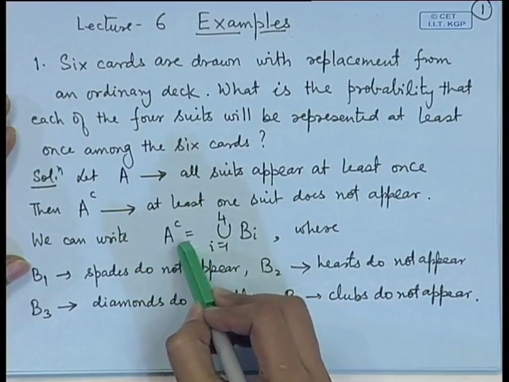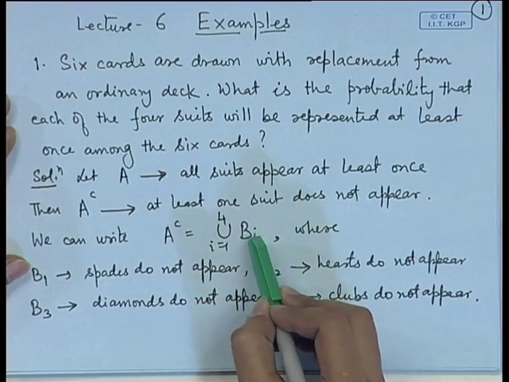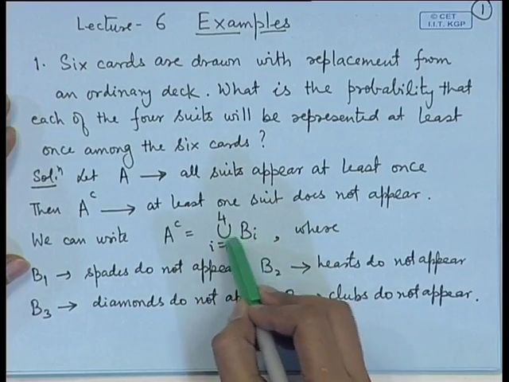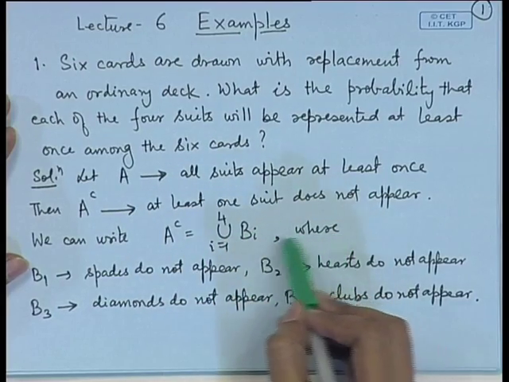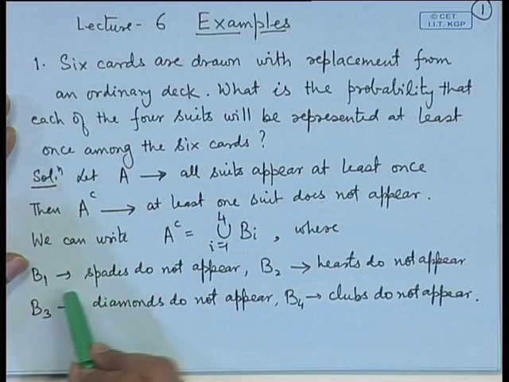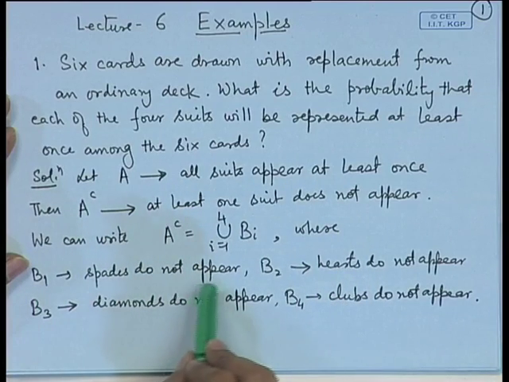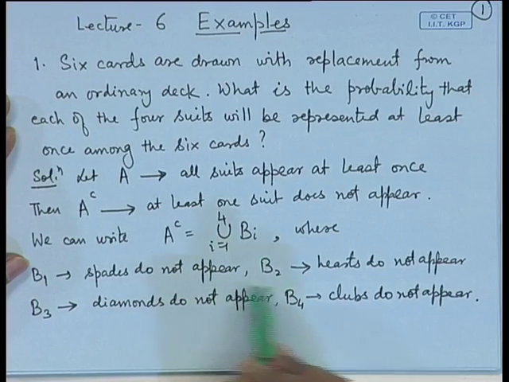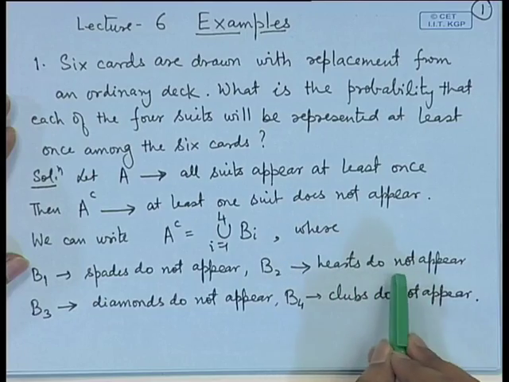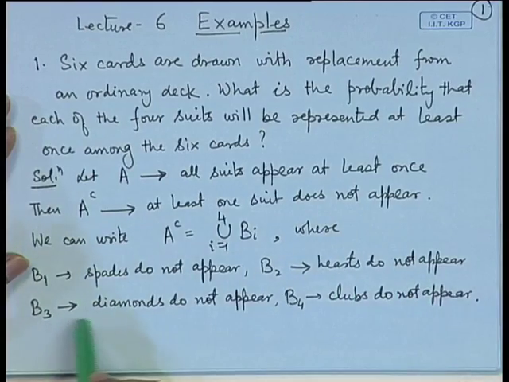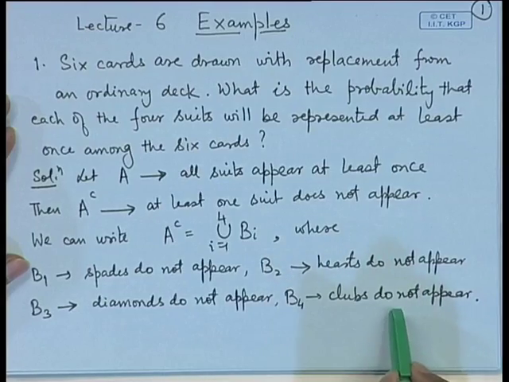So, we represent this as a union of B_i, i equal to 1 to 4, where B_1 denotes the event that spades do not appear, B_2 denotes the event that hearts do not appear, B_3 denotes the event that diamonds do not appear, and B_4 denotes the event that clubs do not appear.